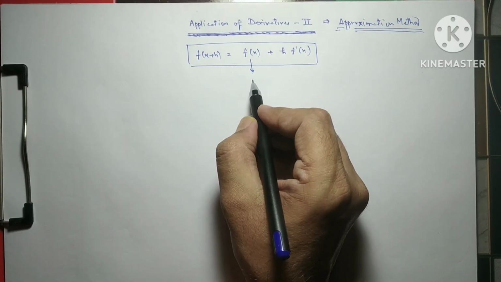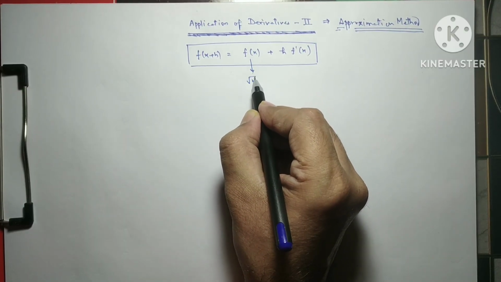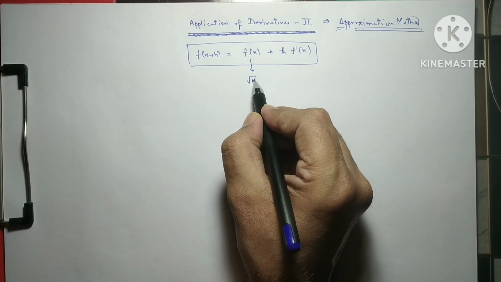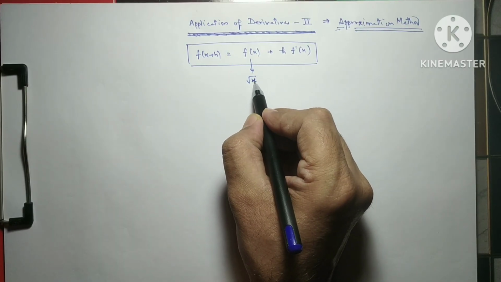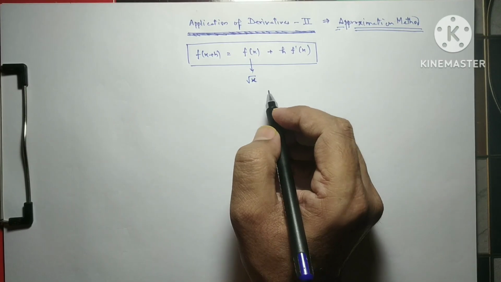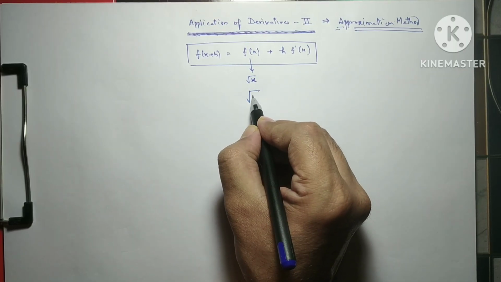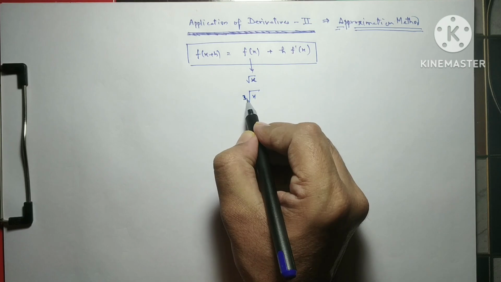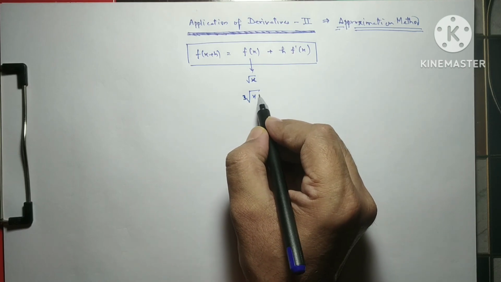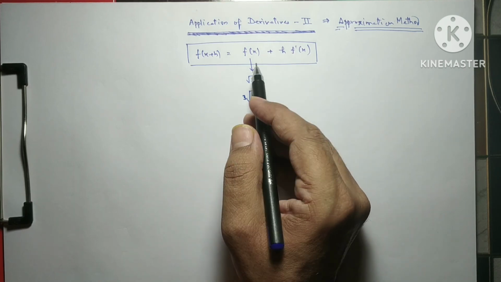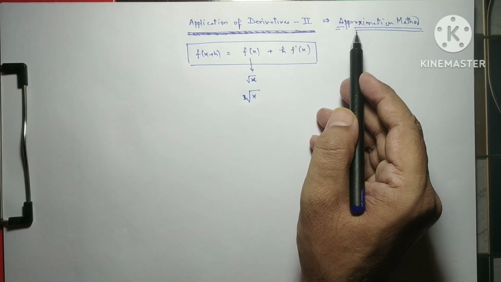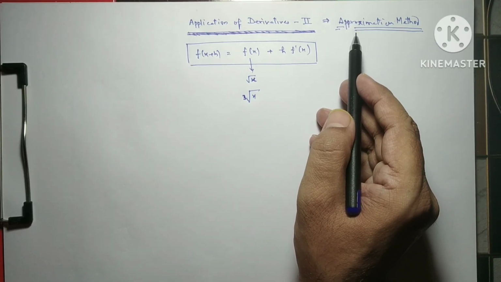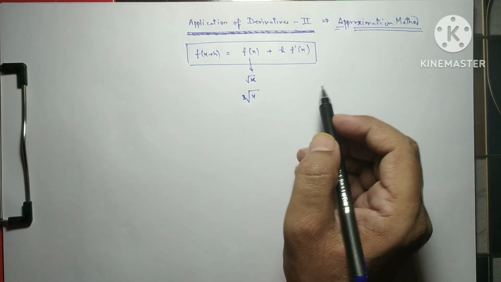Maybe root x is a function, and you want the value of a number under a root, maybe the cube root. It is very difficult to calculate by other arithmetic methods. So this is the easier method, but the value will be approximate, not the exact value.